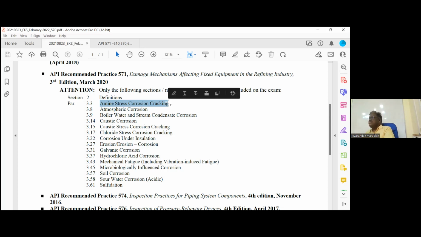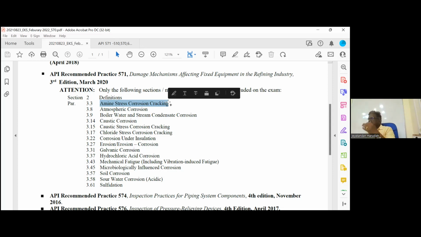It will not come in stainless steel. If you take atmospheric corrosion, again it is a carbon steel, low alloy related problem. Stainless steel, it will not come. Caustic corrosion can come in stainless steel also. Caustic stress corrosion cracking can come in stainless. Reverse, chloride stress corrosion cracking will come only in stainless. It will not come in carbon and low alloy steel.